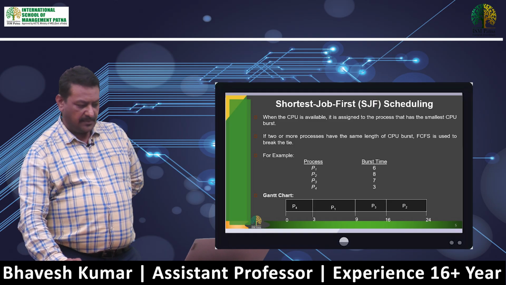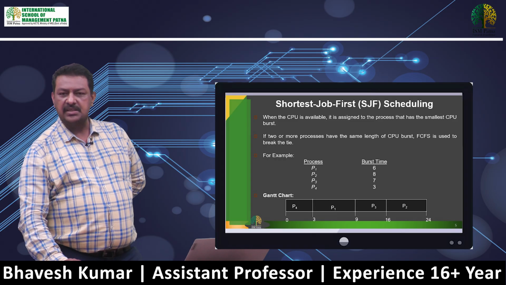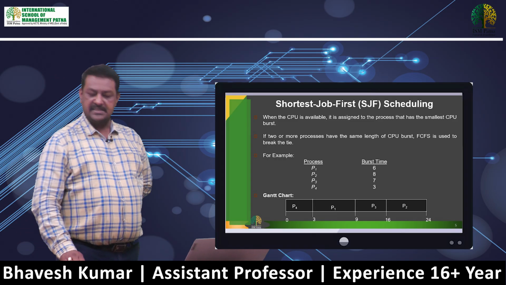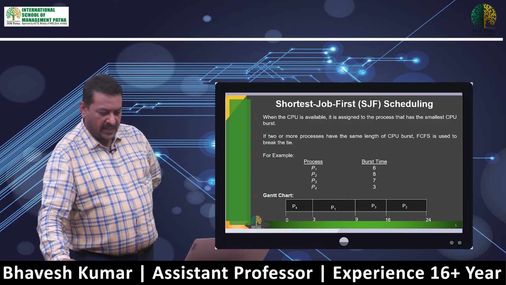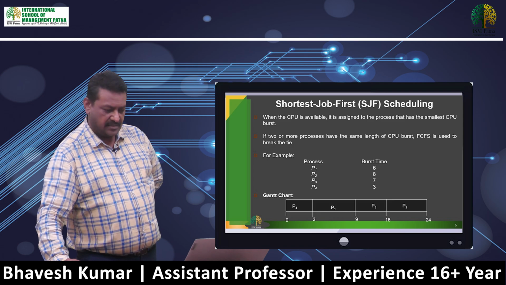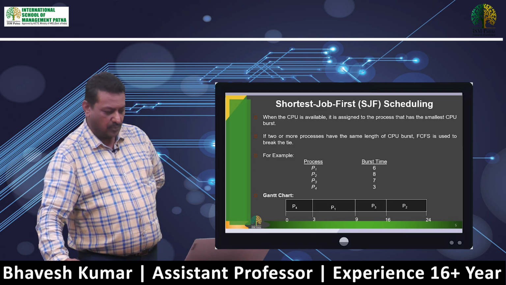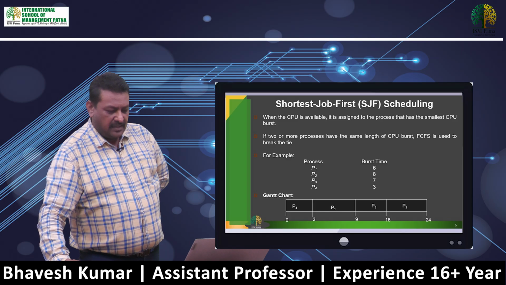So here, if you can see, I have taken 4 processes in this example and their burst times are also mentioned. Here, P4 has the least burst time requirement, that is 3 milliseconds. So first of all, as you can look at the Gantt chart, process P4 was scheduled first at time 0, and for 3 milliseconds it has executed.